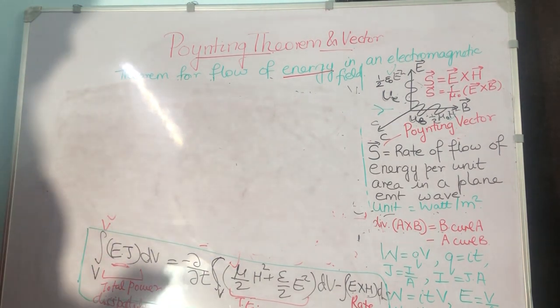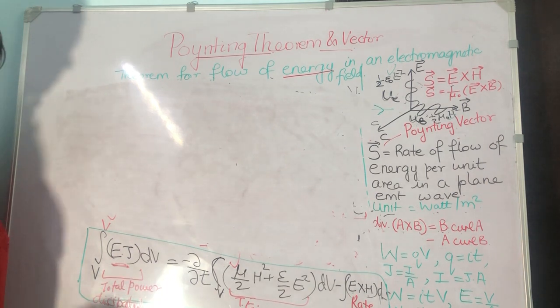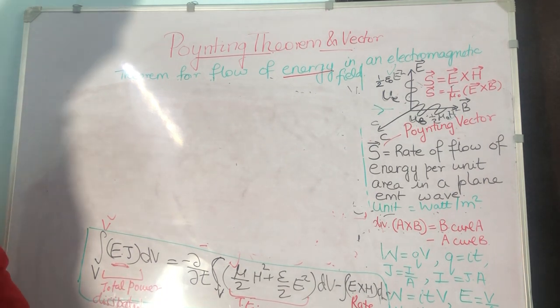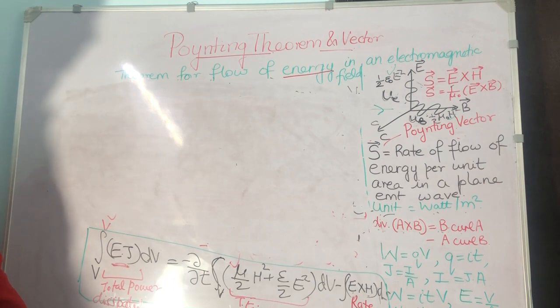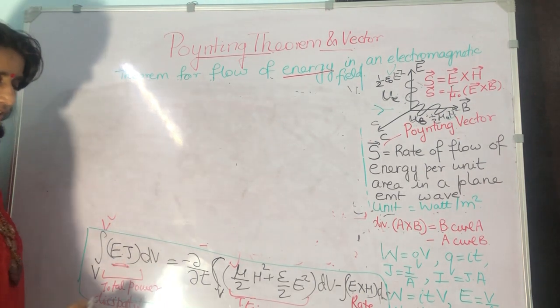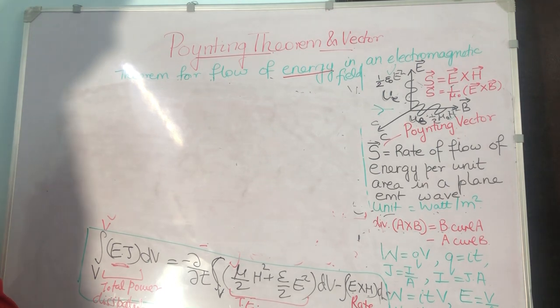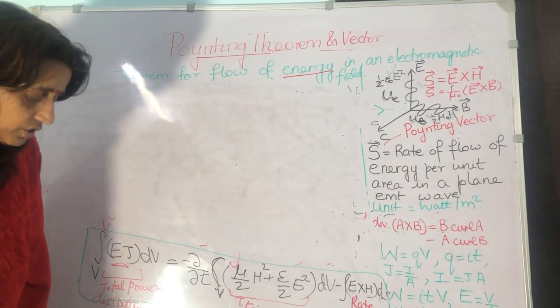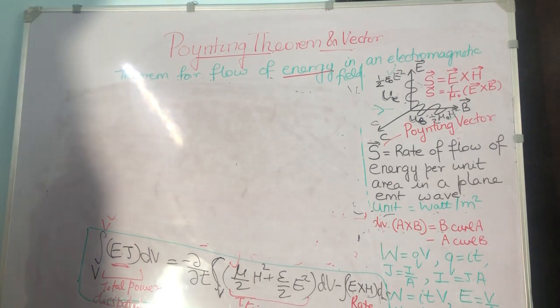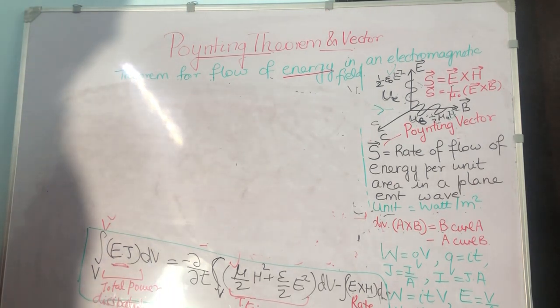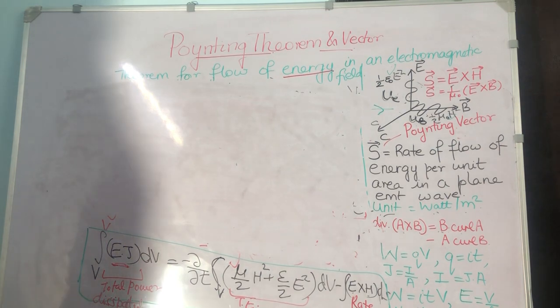So the Poynting theorem in the end states that the work done on the charge by an electromagnetic force is equal to the decrease in energy which is stored in the field less than the energy which flowed out through the surface, and it is energy transported. Poynting vector is energy transported per unit time, per unit area in the electromagnetic field. Thank you.